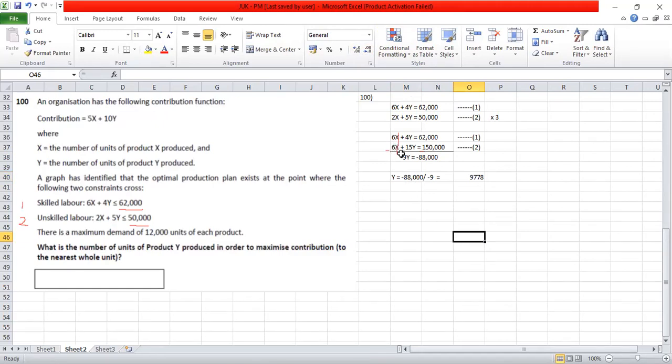This is not 9, this is 11. Nobody is telling me also. This is 11. Sorry. 15 minus 4 is 11, no? So that's 8,000. Y is equal to 8,000.